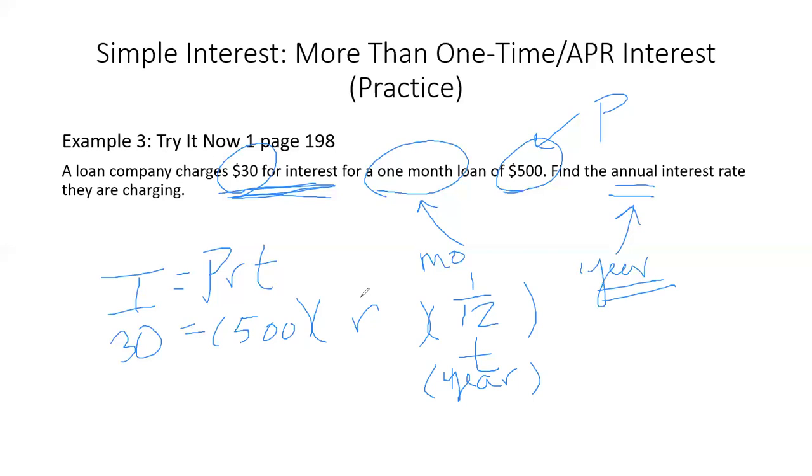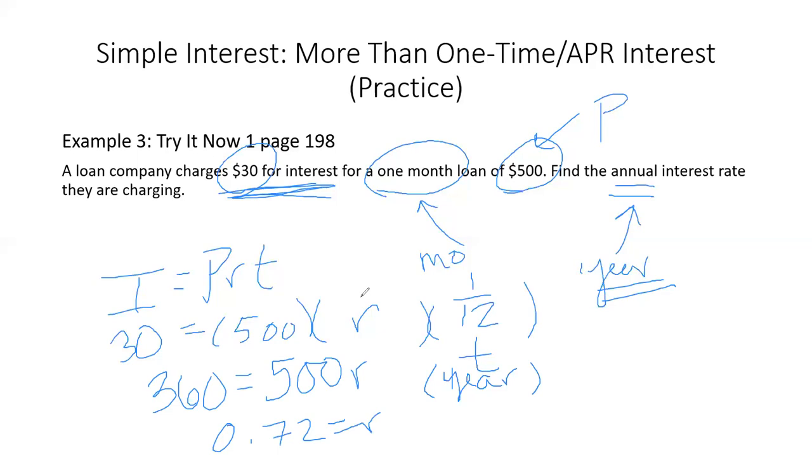To simplify, I want to multiply both sides by 12. So we would have 12 times 30, or 360, is equal to 500R. And then divide both sides by that 500 now. So I have 0.72 is equal to R.